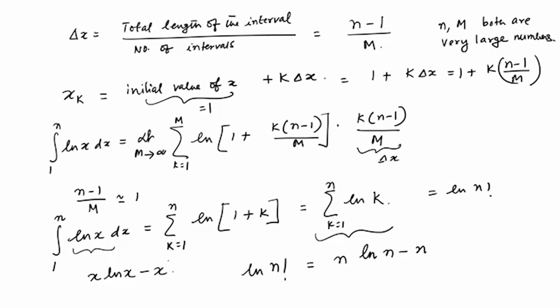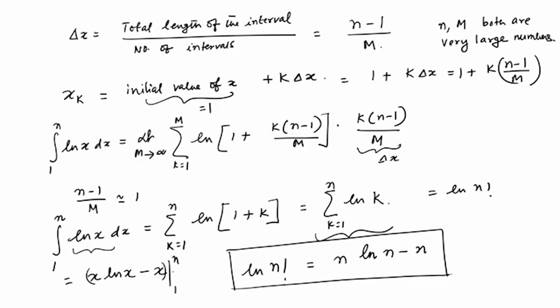You can put this from 1 to n and see that this integral is this, and you just put it between the two limits, and you will see that 1 gives you 0, because log of 1 is 0. So, this is the formula that we use, and this is called Stirling's formula, and it is used heavily, at least in the calculation of the microstates and even later. Okay.